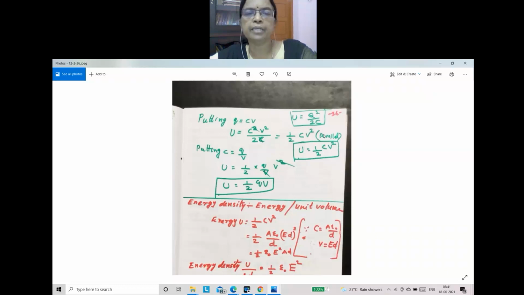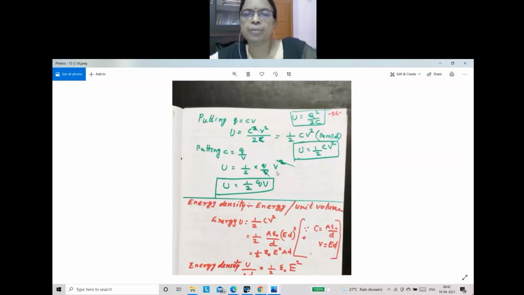In parallel combination, we use this formula, half CV square. Then one more type you can write, C equal to Q by V. Substitute: half into Q by V into V square. So one V cancels, half QV.